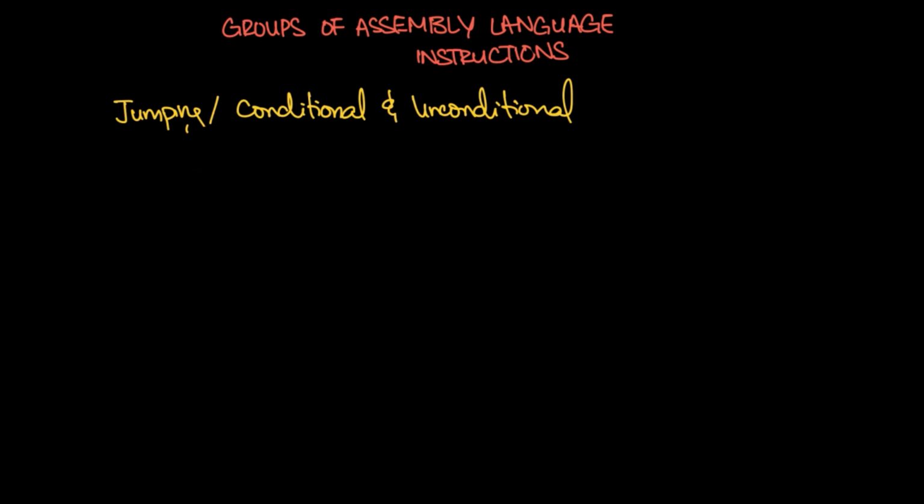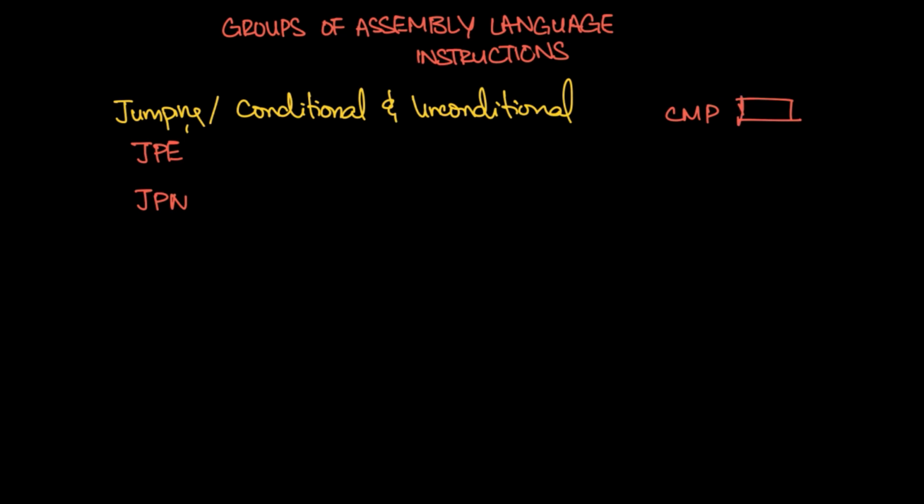Now, conditional variants of the JMP instruction are JPE and JPN. These instructions always occur after a comparison of sorts. We'll see this later, but CMP is the compare instruction. What it does is it compares the contents of the accumulator with the contents of a memory address.